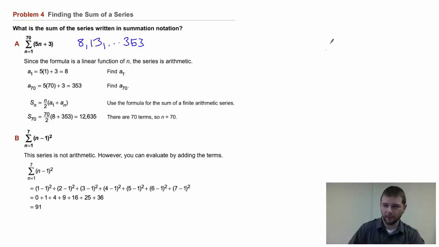So we will recall the formula, which should be in your notes at this point. S sub n equals n over 2 times the sum of our first and last terms. So plugging in what we know, we're going to be dealing with an n value of 70.